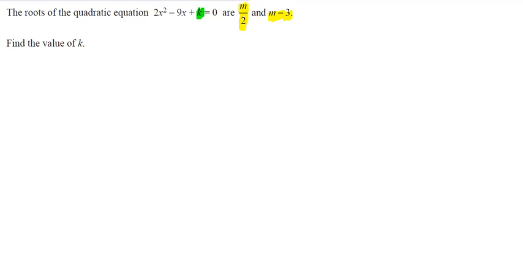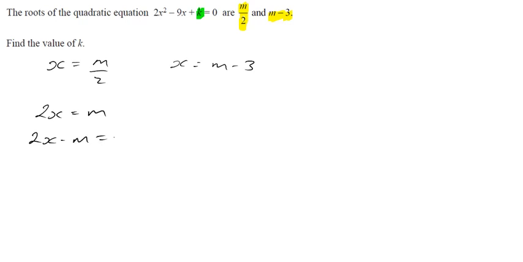So I know one root is going to be x equals m over 2, and I know the other root is x equals m minus 3. So if I rearrange those, in this case x equals m over 2, I can get 2x equals m, so 2x minus m equals 0.